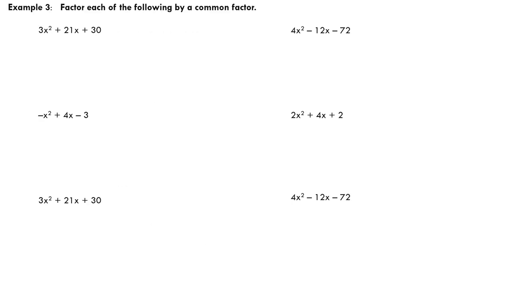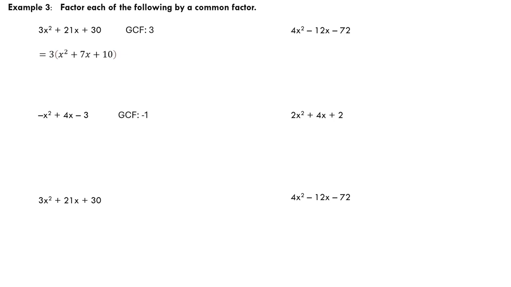So in each of these examples, we're asked to factor each by a common factor. 3x squared plus 21x plus 30 will all divide by 3. That's the greatest common factor. So we write 3 on the outside, then brackets, and then x squared plus 7x plus 10.